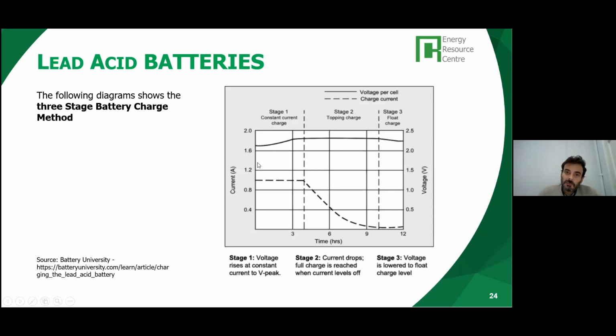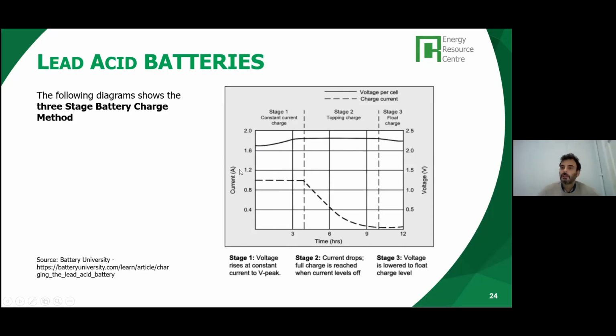In the bulk charge, basically what happens is that batteries are charged at a constant current. They demand a constant current, and the voltage rises. In this chart, we can see the current and the voltage. In the bulk charge, we have a constant current, and little by little, the voltage rises.